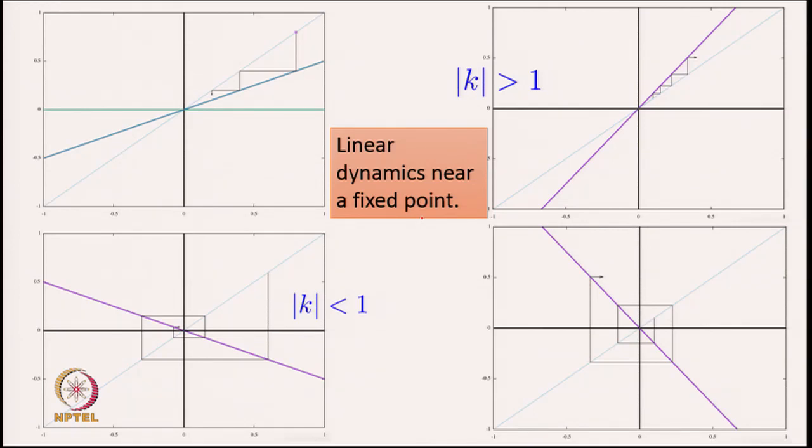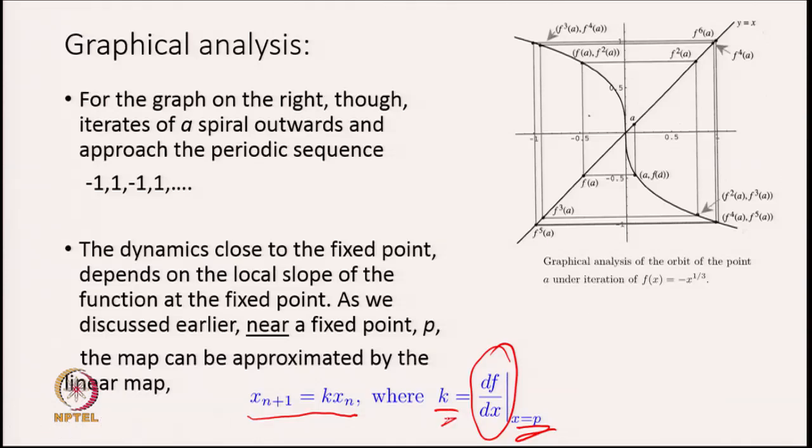So, over here I am taking the case k less than 1 in modulus, which we know from our earlier discussion to correspond to a stable fixed point.